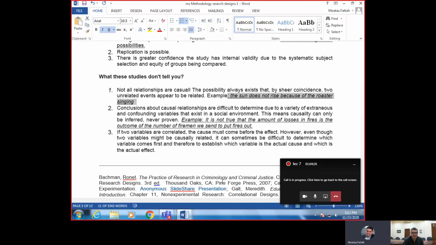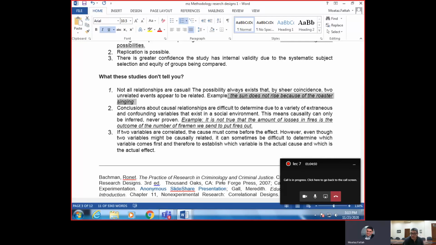When we send 70 firemen, we end up finding that the losses are like 500 million pounds. So sending more firemen would mean more losses. Oh, so next time when there's a fire, don't send any firemen? Of course, that's a wrong analysis.